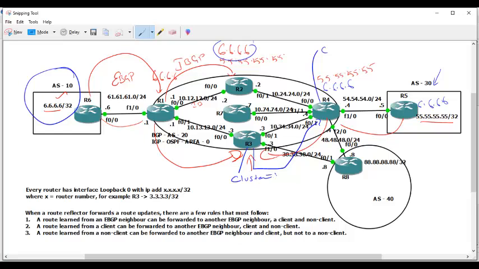For example, 3.3.3.3 will be the cluster ID. Why am I saying this? When you go to router 6 and check this 6.6.6.6 route, it will show that the network is originally from router 1, but it is reflected by 3.3.3.3. That is how you will see.